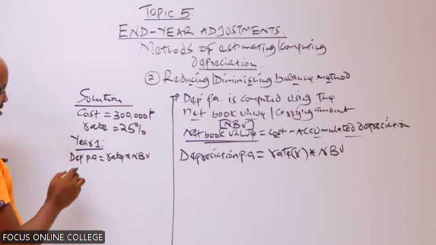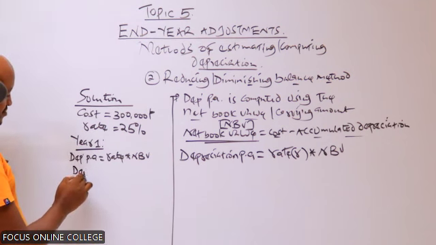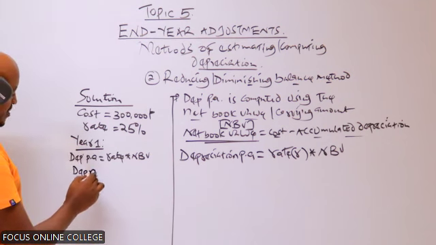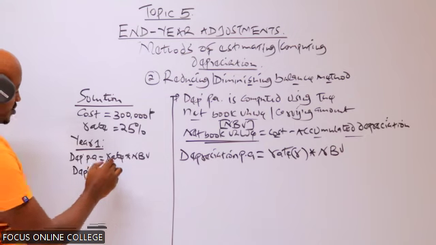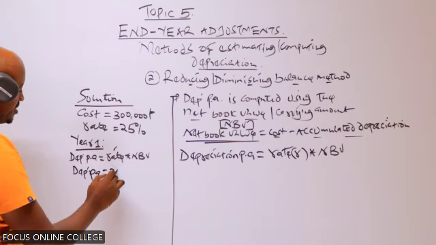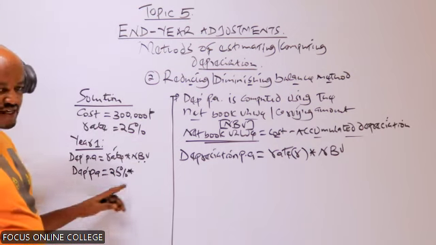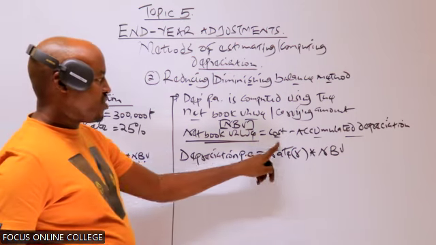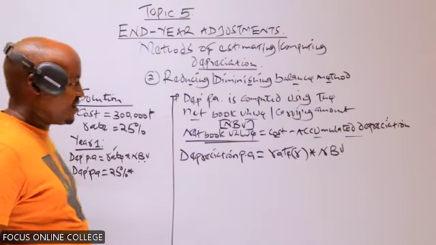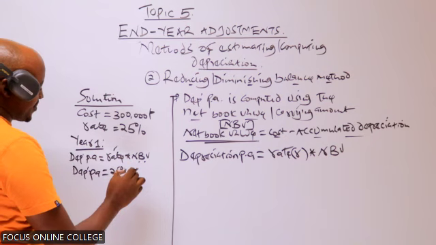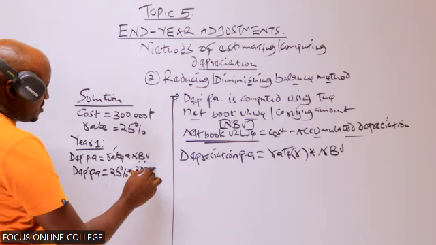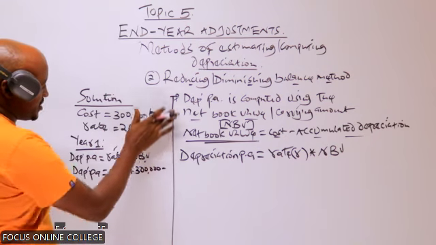So in year 1, the depreciation per annum will be equal to the rate, 25%, times the net book value. The net book value is equal to the cost minus accumulated depreciation. The cost is 300,000. What about the accumulated depreciation?